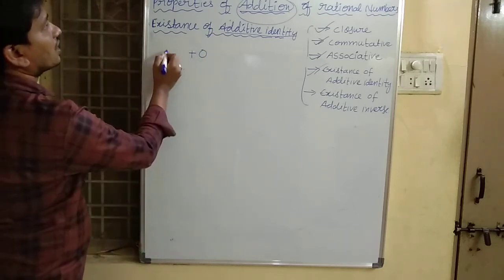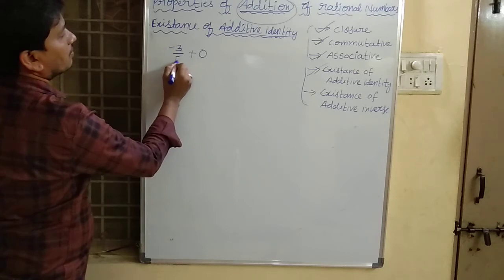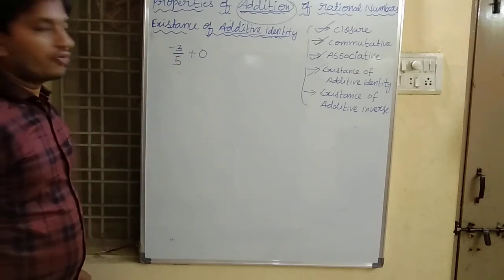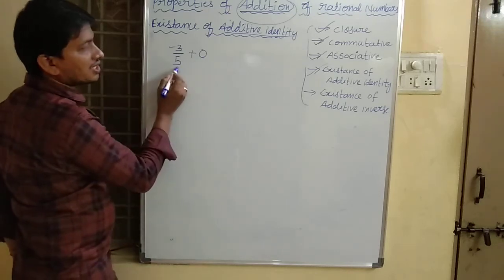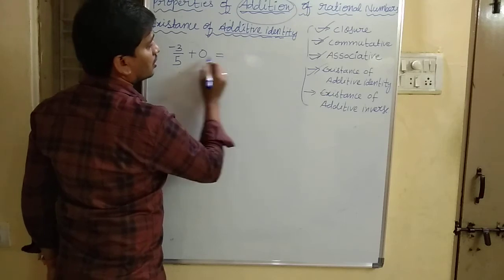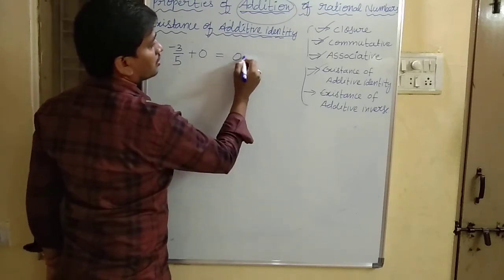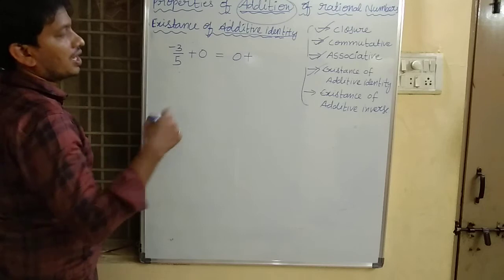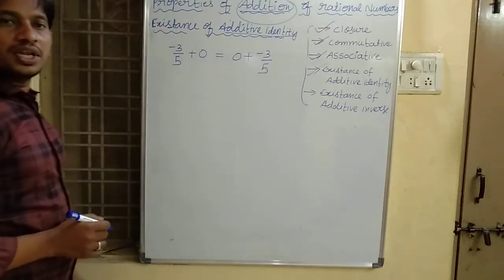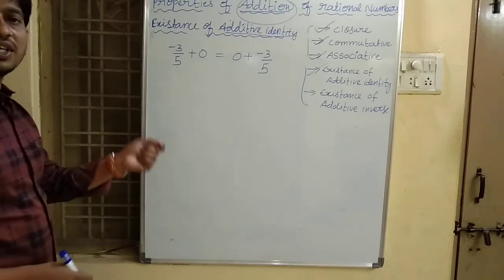Suppose you take any rational number, for example minus 3 by 5. When we add 0 to any rational number, or any rational number to 0, the result is same.